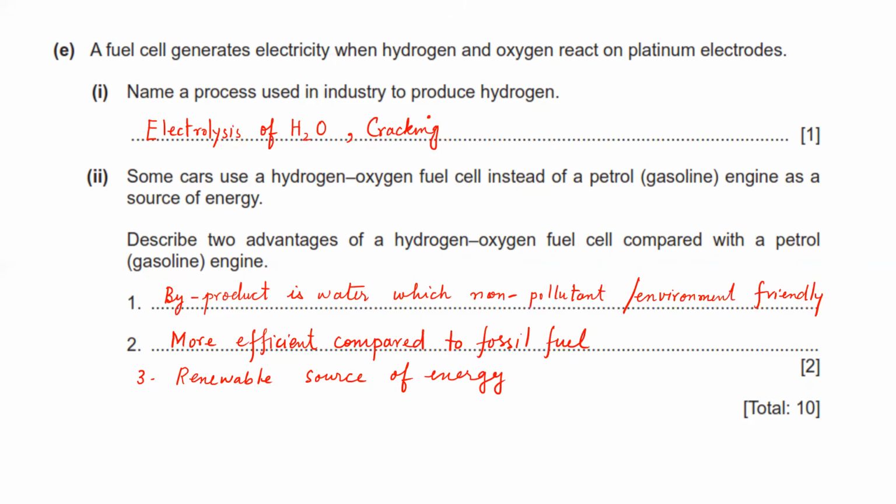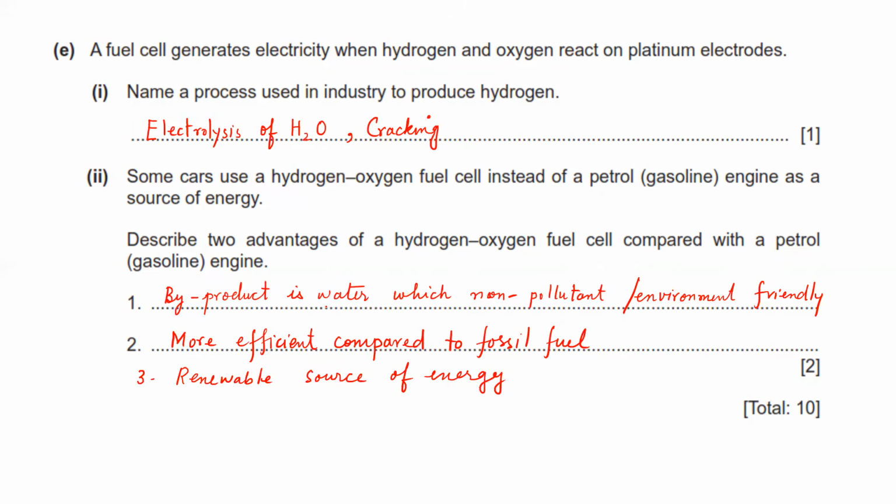You can write any of them. Although the byproduct is water and it's environment friendly, some students may consider them 2 points, but generally it is one single point, and people who have written byproduct is water and it is non-pollutant, environment friendly, are not very much appreciated by the examiners.